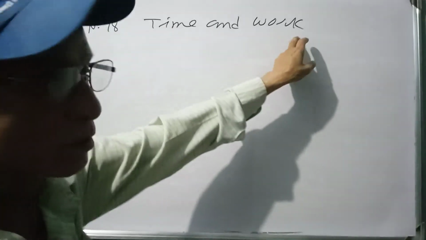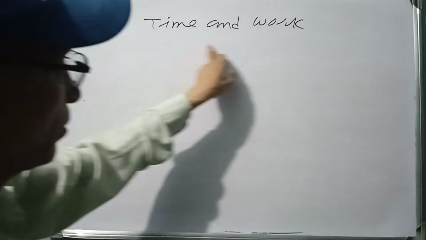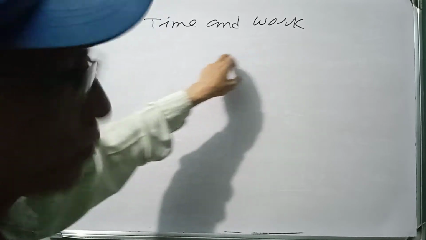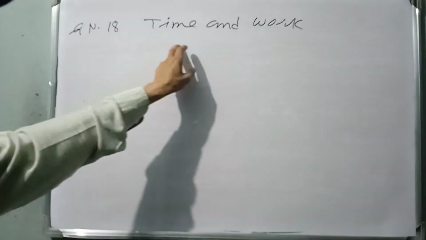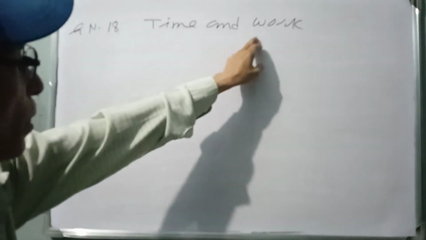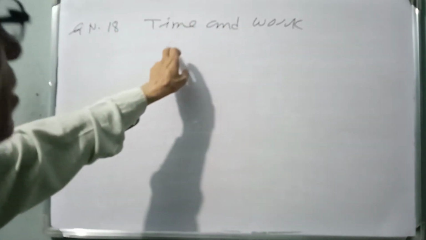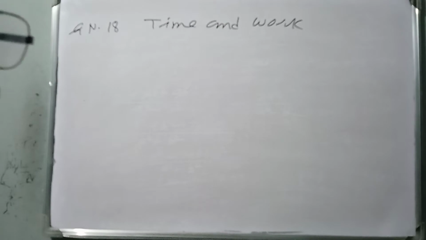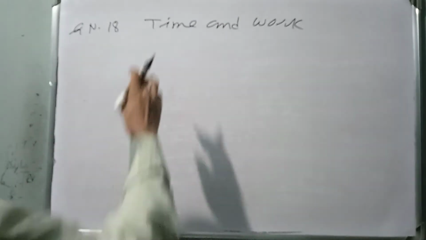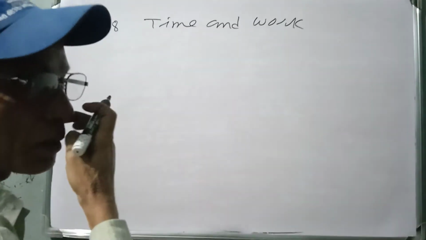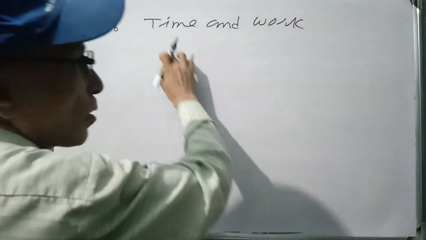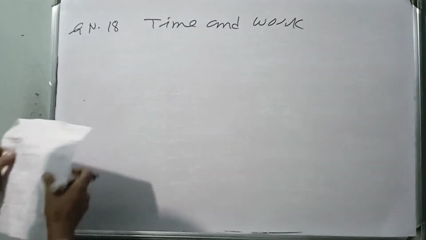Many articles cost many rupees, and one article costs less money. So direct variation. But in time and work, the number of workers and time are inversely proportional. If time increases, workers decrease; if time decreases, workers increase. Just inversely proportional.